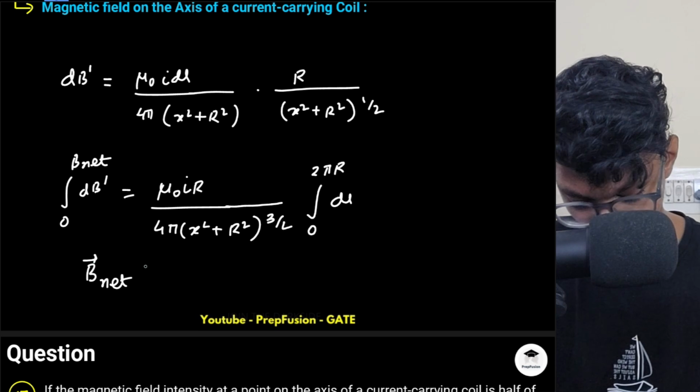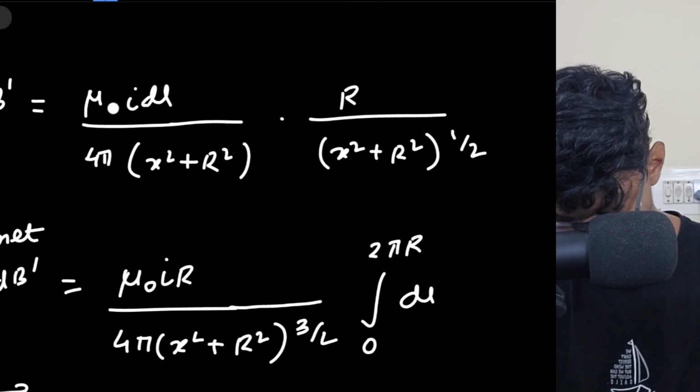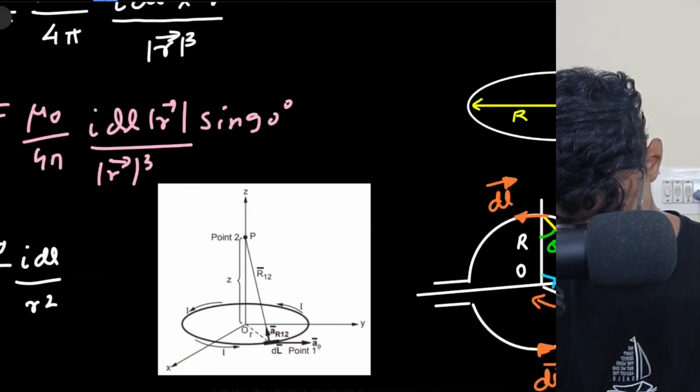B net. Okay, I'm computing along the axis, about the vacuum. So I just remove the mu naught because I want to talk about the general case here. I will just remove the mu naught, else you will get confused.